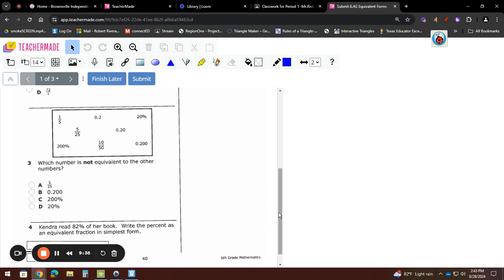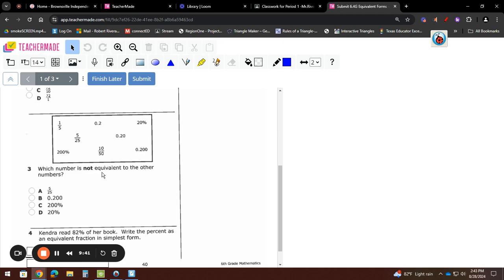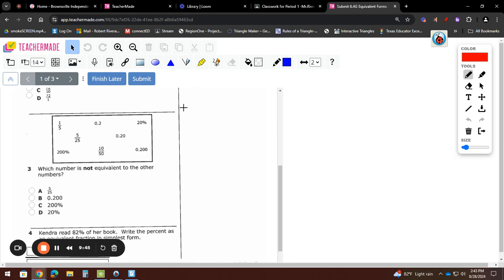Number 3. Which number is not equivalent to the other numbers? Okay. Not equivalent to others.